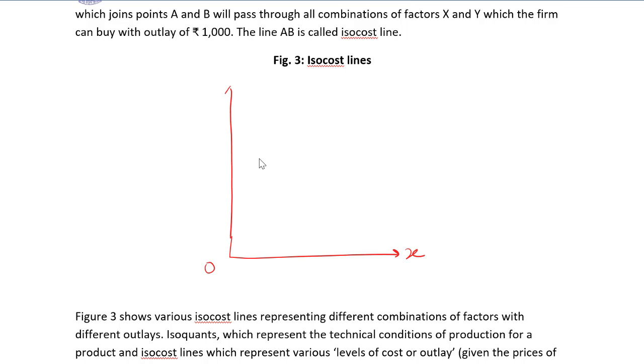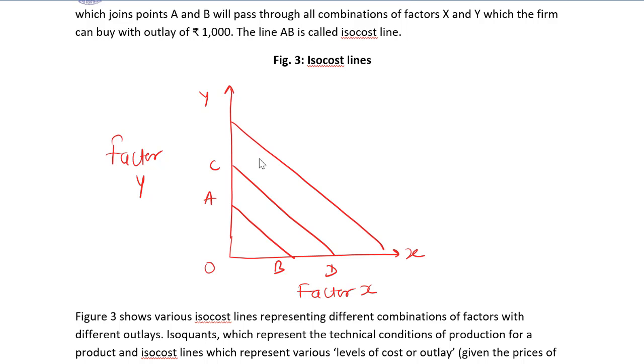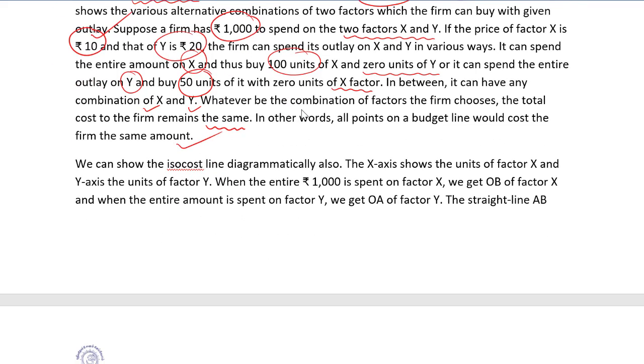This is the origin, this is Y, and on the Y axis we are showing factor Y, on the X axis we are showing factor X. This is one combination, this is another combination, this is E and F, other combinations. Now read it and understand it.